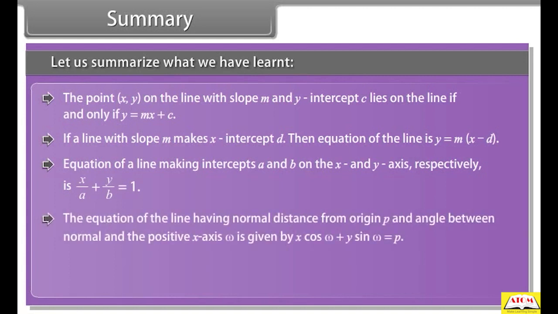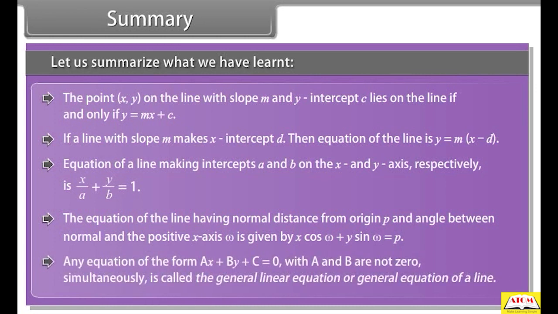The equation of the line having normal distance from origin p, and angle between the normal and the positive x-axis omega, is given by x cos omega plus y sin omega is equal to p. Any equation of the form ax plus by plus c is equal to 0, with a and b not 0 simultaneously, is called the general linear equation or general equation of a line.